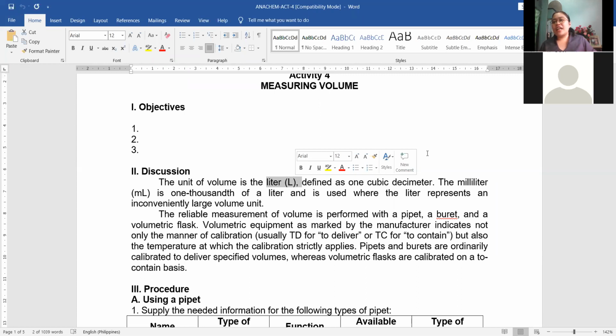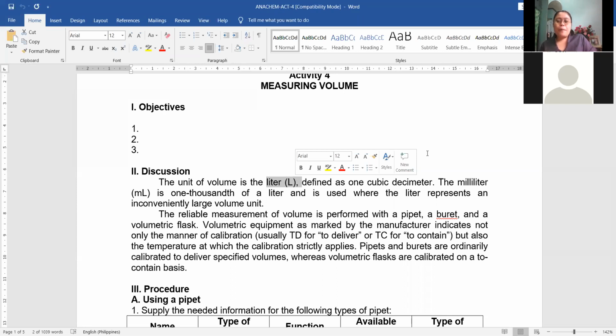Ang calibration nila, class, pwede silang TD, pwede din silang TC. Pag sinabi mong TD, these are the apparatus we use to deliver, and pag TC naman, it's to contain. And at the same time, you can see in the apparatuses kung anong temperature nag-a-apply yung calibration na iyon, yung TD or TC.